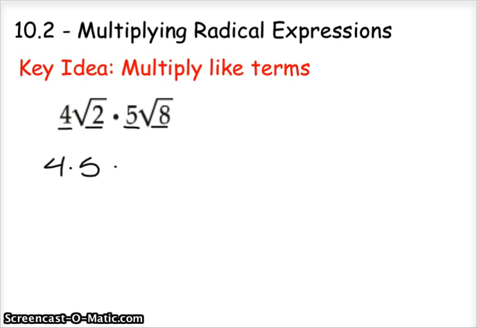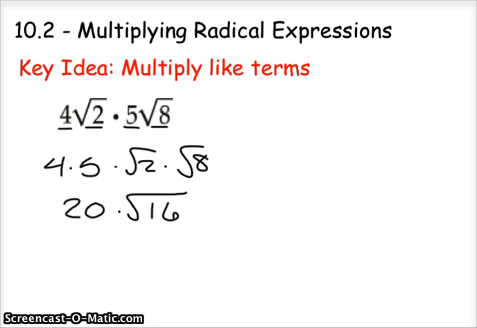And then I'll multiply the square root of 2 times the square root of 8. 4 times 5 is 20. And 2 times 8 is 16. Conveniently, the square root of 16 would just be 4, so I'm left with 20 times 4, simplifying the square root of 16. And 20 times 4 is 80.